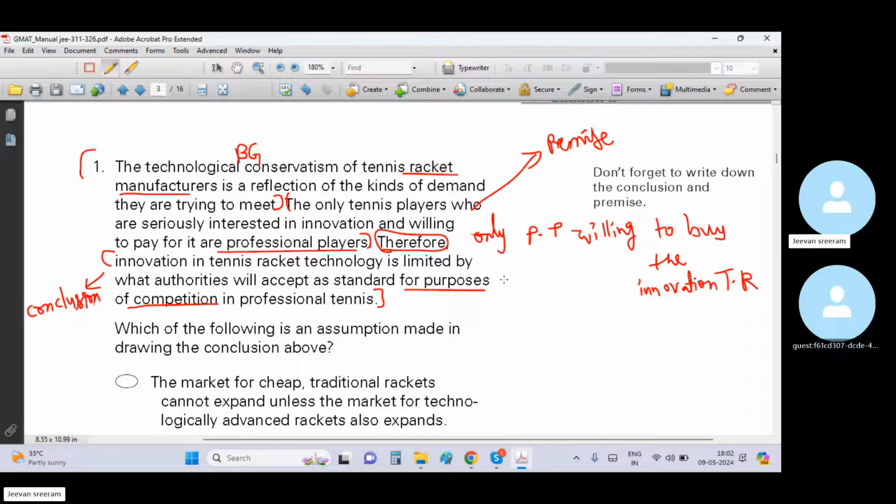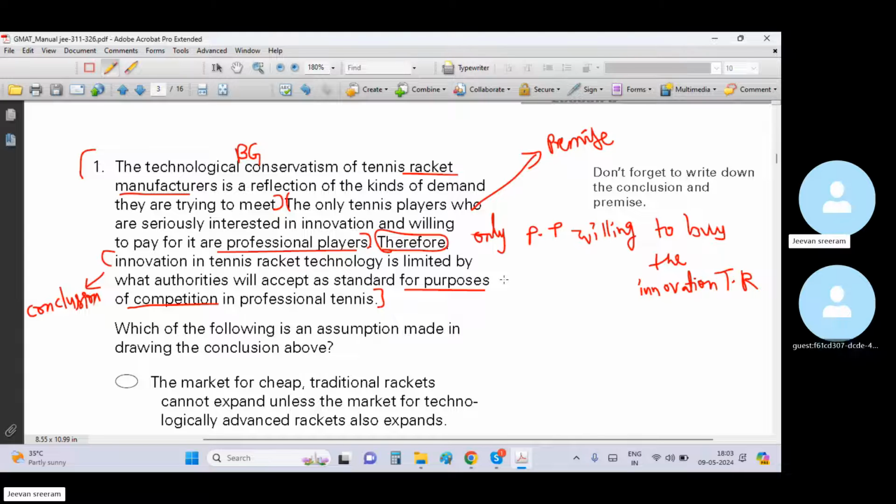So they are ready to purchase. But if the innovation is not as per the authority standards, do they purchase it? No, because professional players are for competitions. If the innovative tennis racket is not accepted in the competition, they won't purchase it.